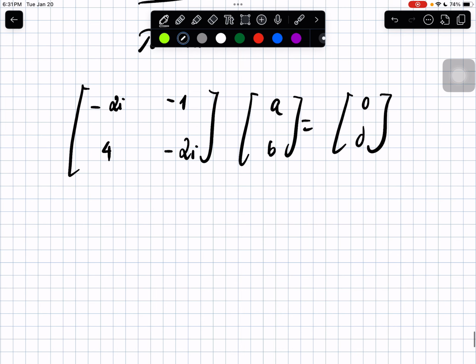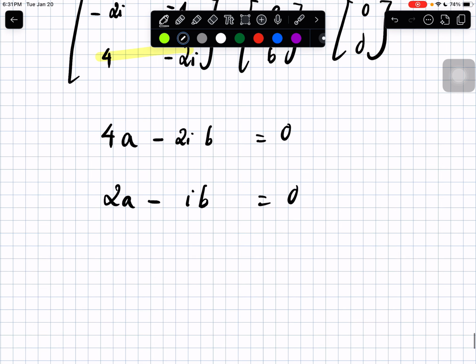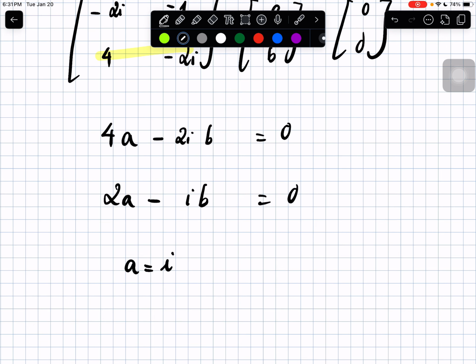A trick with a 2 by 2 matrix is that we just keep one row. Let me keep the second row: 4a minus 2i b equals 0. We'll choose a equal to i and b equal to 2.